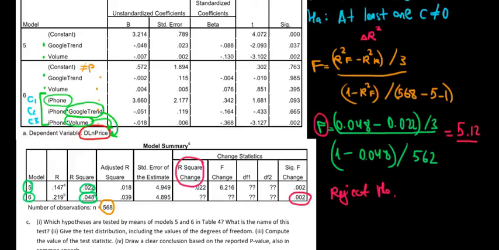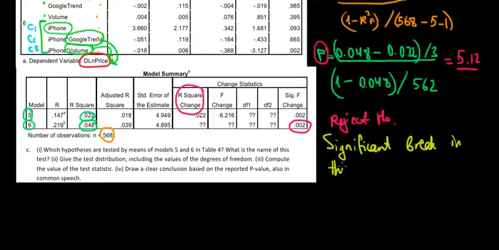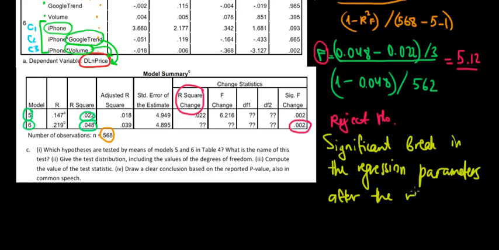We have a significant break in the regression parameters. Our slopes, the effects of the variables in the regression, should be readjusted, because the release of the iPhone changes the effects of the variables on the stock price. Significant break in the regression parameters after the release of the iPhone. And that's it. Hope this makes sense, and we are done.